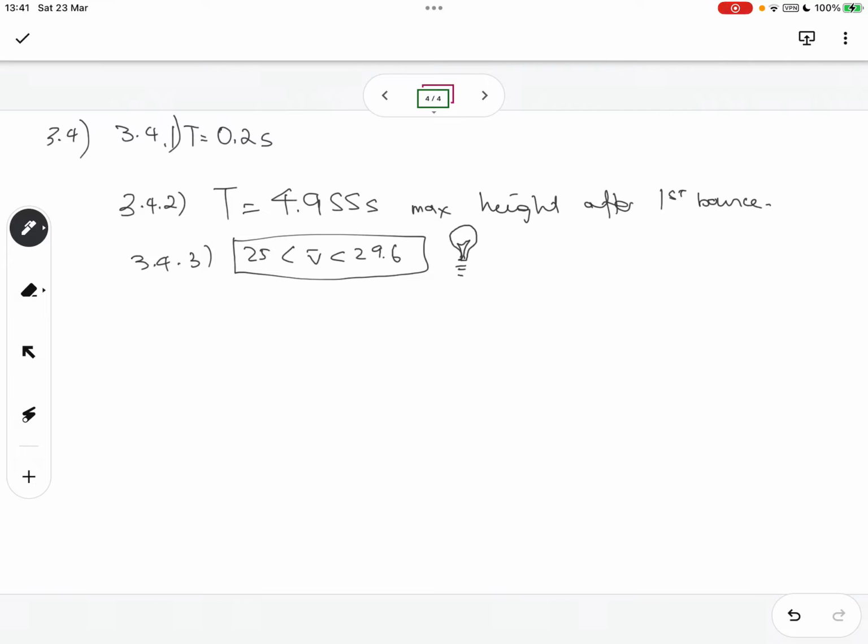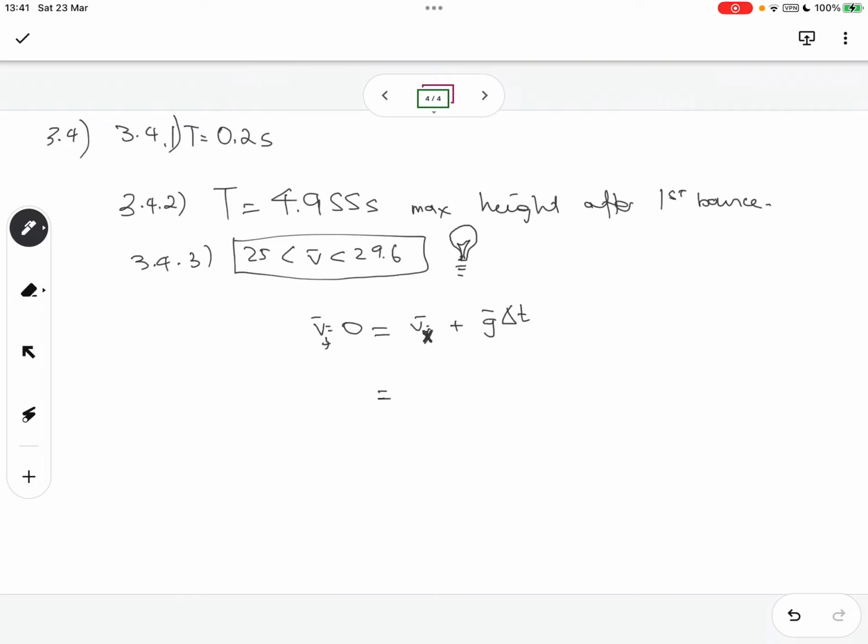Now, we want to find that velocity, and for x, we know that if we have a velocity of 0 there and a time there, and it's also subjected to acceleration due to gravity, we could say v final at 4.955 seconds is 0, and it also equals velocity at x, so I'll just put an x there, plus acceleration due to gravity times change in time.